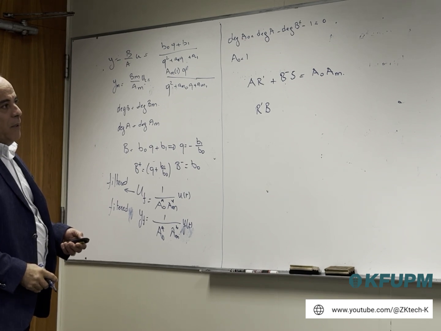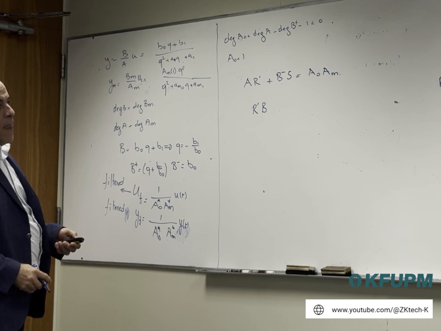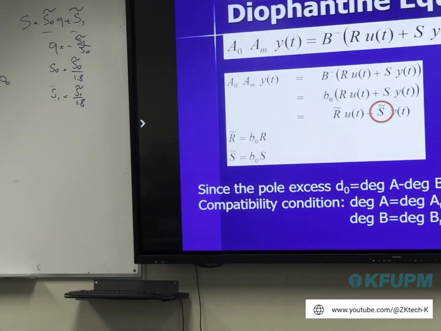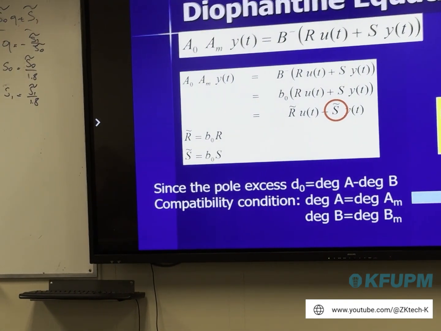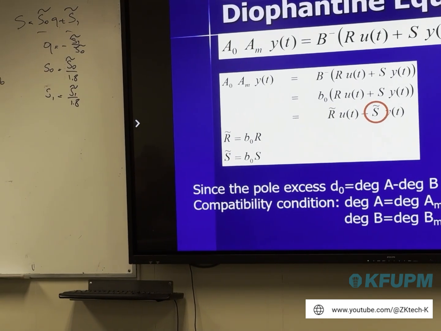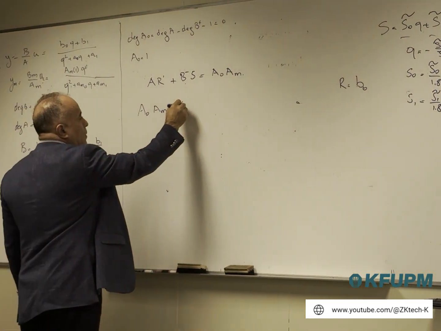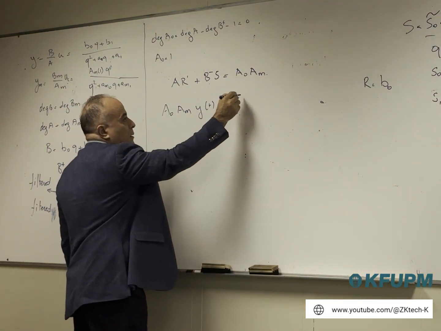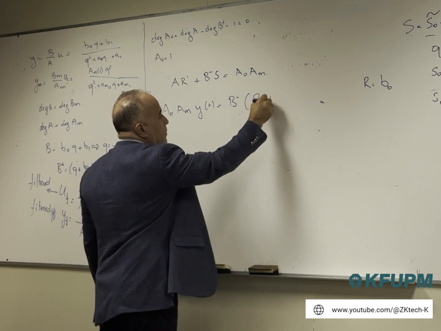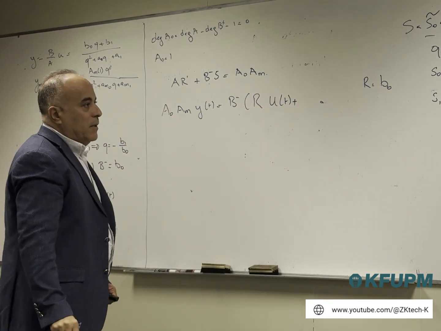I don't want to repeat the same calculations again. So we have B minus A0 AM multiplied by y of t is equal to B minus multiplied by R multiplied by U of t plus S multiplied by y of t.